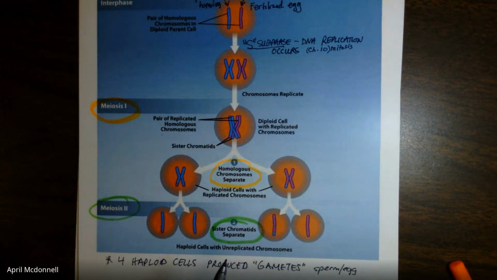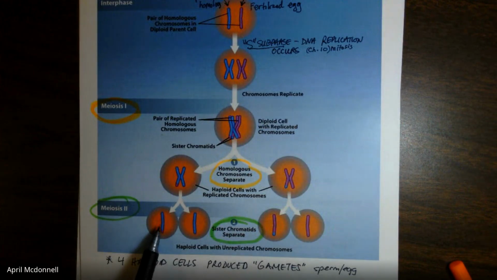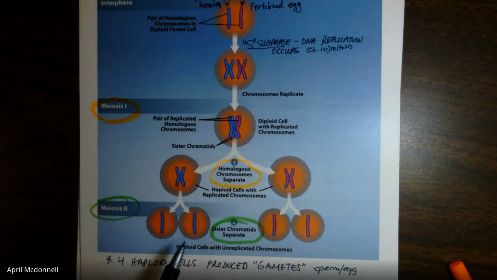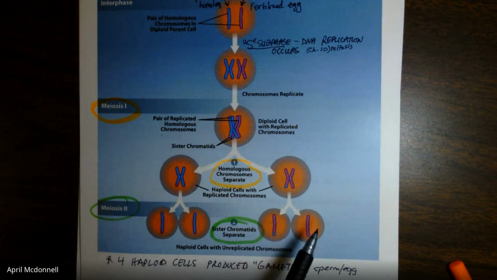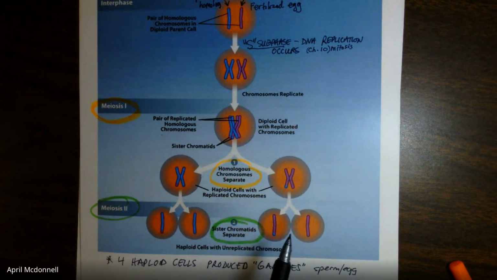Now, if we're using color as an indication of the DNA molecule, I want you to notice something about the 4 cells that are produced. In this cell, we have a blue chromosome with a purple tip. In this cell, we have just a plain blue chromosome. In this cell, we have a purple chromosome with a blue tip. And in this cell, we have a plain purple chromosome.